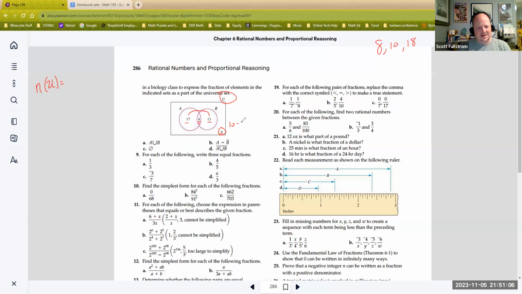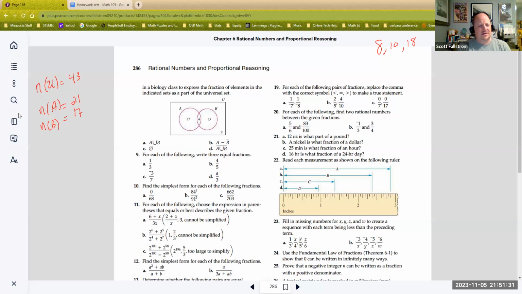Well, that must be like 10 minus 1. So 34, that'd be 44, so minus 1 would be 43. The number of things in A is the 17 and the 4, which is 21. The number of things in B is 17. And I think that probably gets most of it, but let's jump through the rest of the questions here.